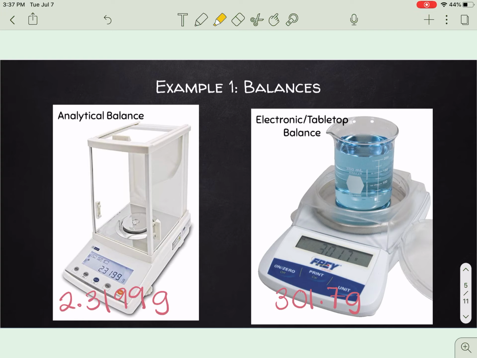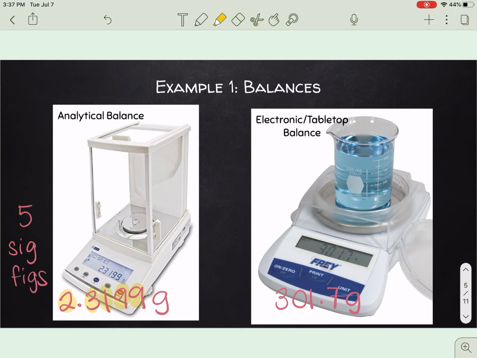And let's look at significant figures. There are actually rules for determining if a digit is significant or not. In this case, the 2 is significant, 3, 1, the 9, and then the other 9 is significant, which gives us a total of 5 significant figures.